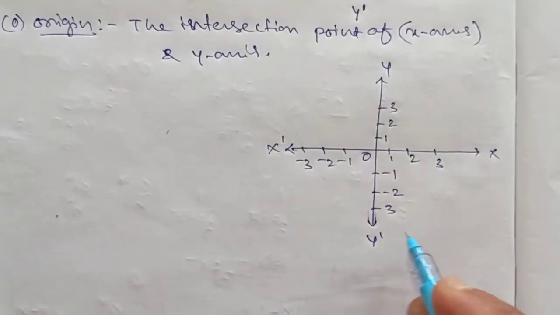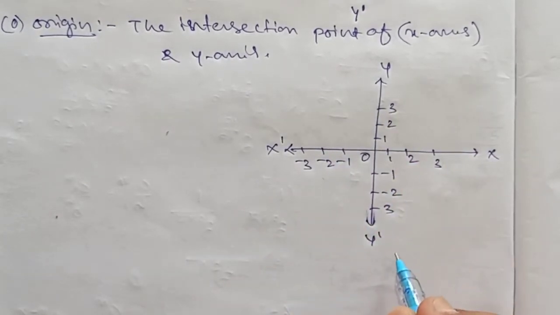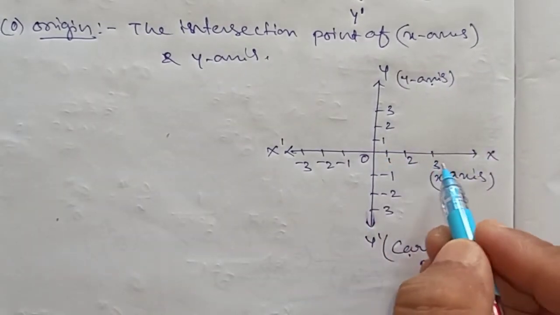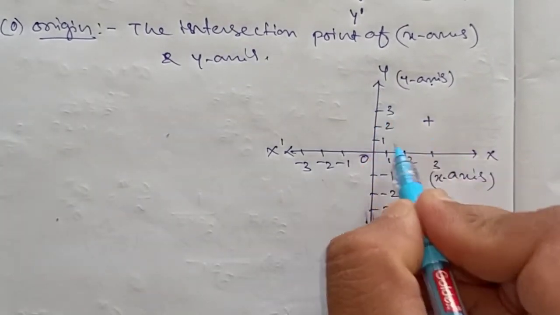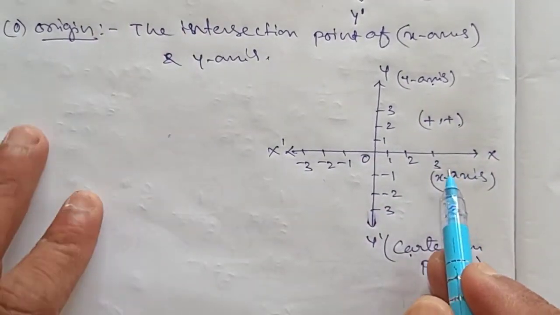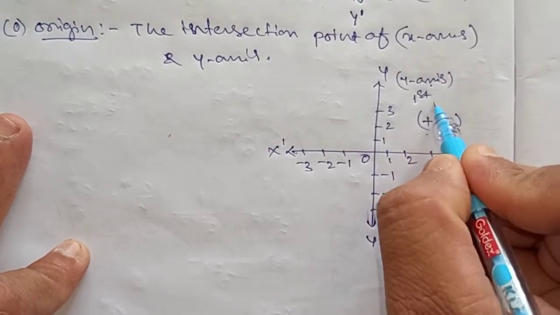One more Cartesian plane I have drawn, so that we can discuss a little more on this. It is called a Cartesian plane. Now, as I said, this point is positive and this point is positive. Always plus plus will be on the first quadrant.